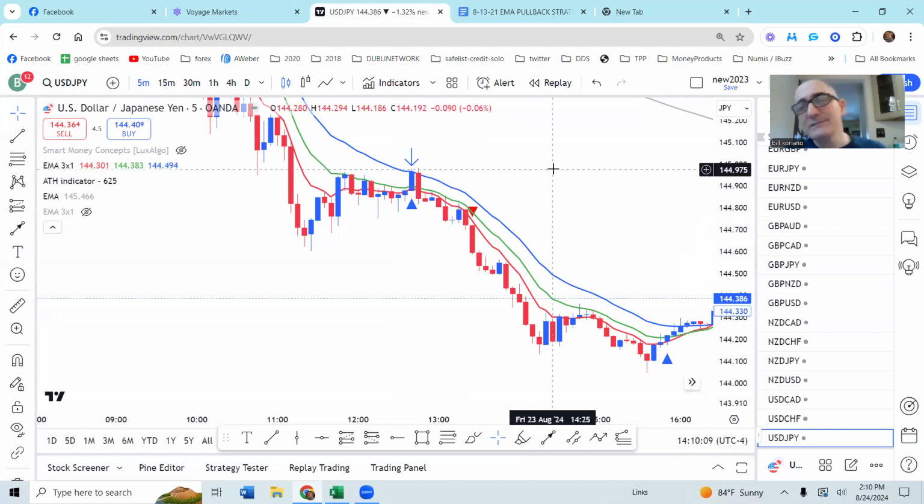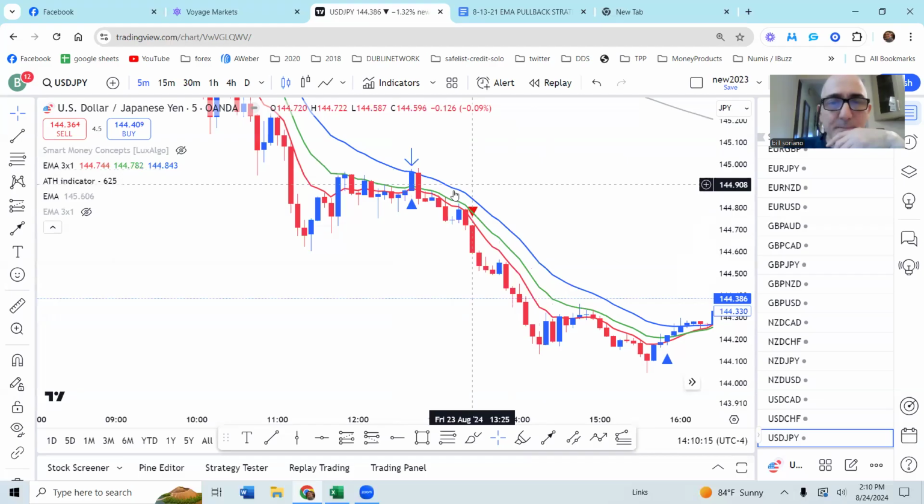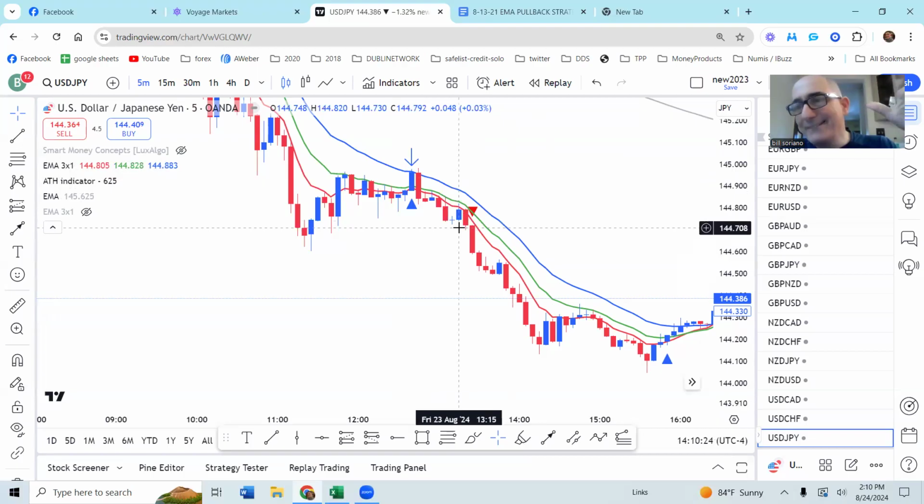Now, the only downside to setting the limit order is if price comes back up here and closes above the 21 before that order executes. Then you have no way to know that because you're not at the charts.